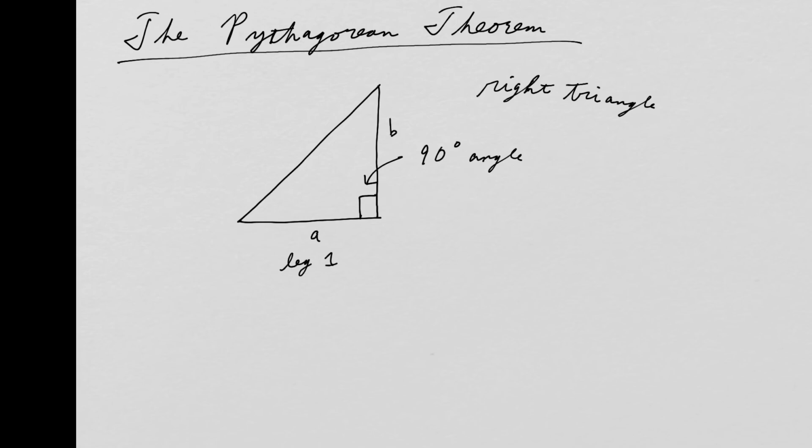This one, say B, is like leg 2. And then the longest side, which is always opposite the right angle, the 90-degree angle, we call that C. And this has a name. It's called a hypotenuse.